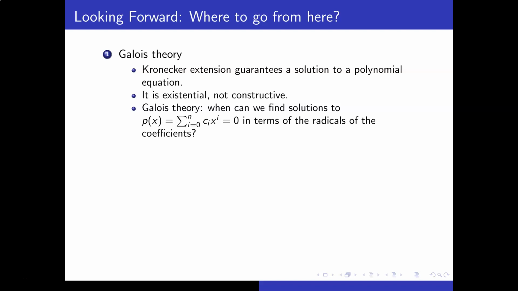You have to add, multiply, divide by them, and you also have to take a square root. So Galois theory looks at when can you solve polynomial equations more generally using that kind of method. Some polynomials solve nicely, some polynomials don't, and Galois theory will tell you which ones are which.